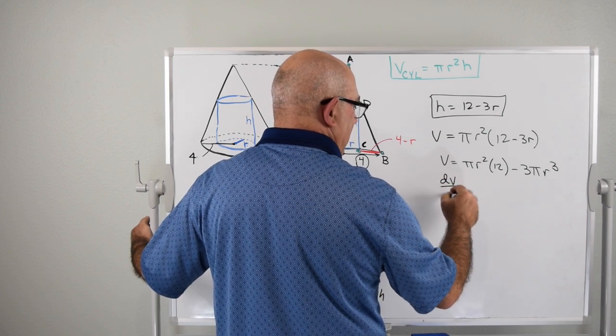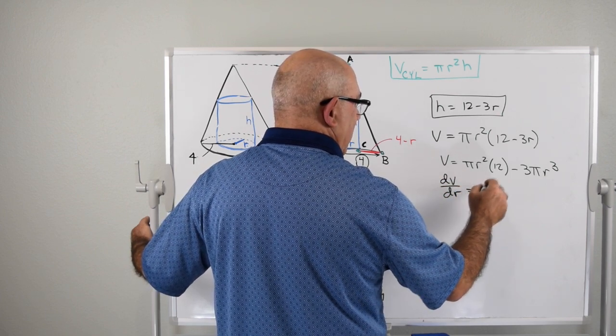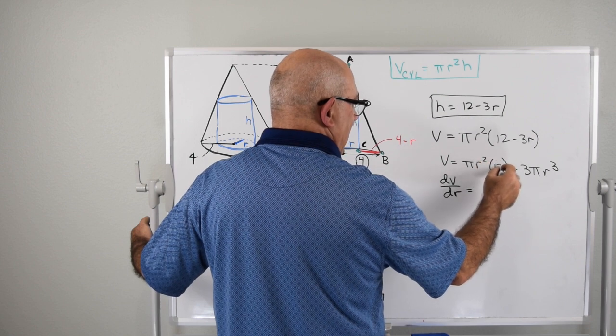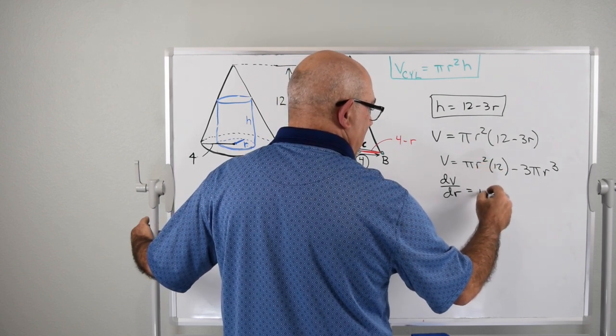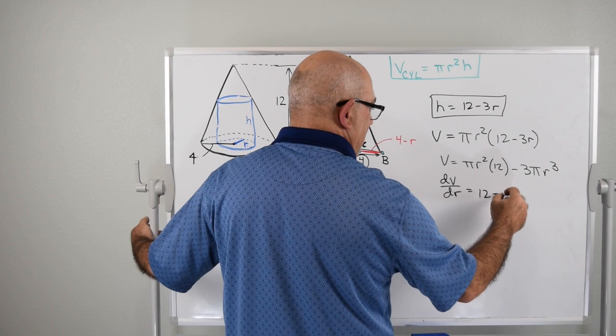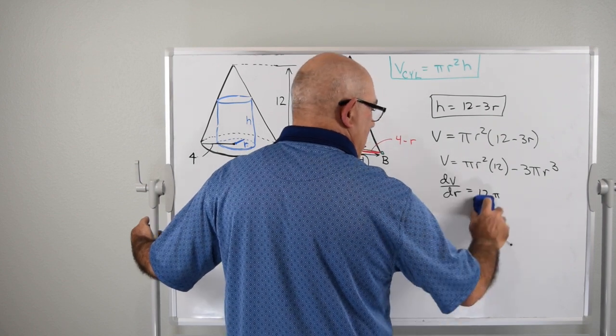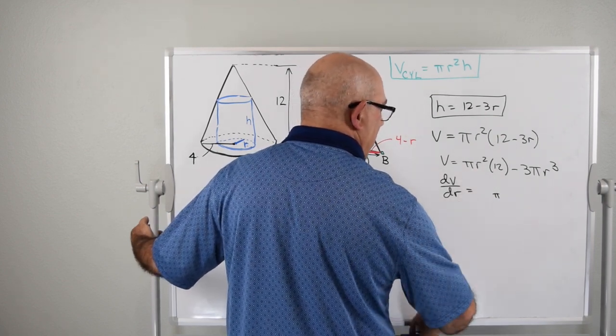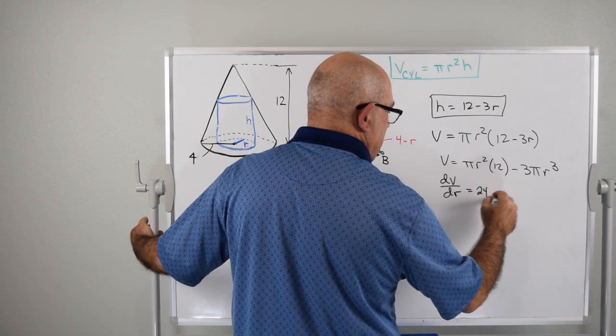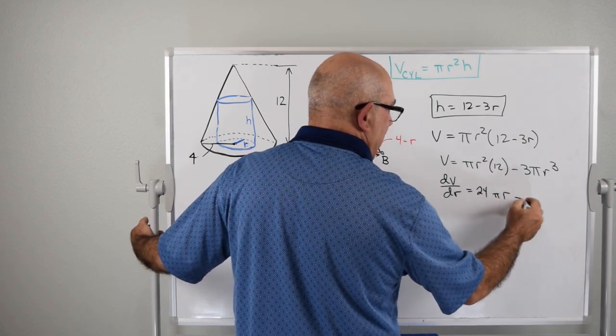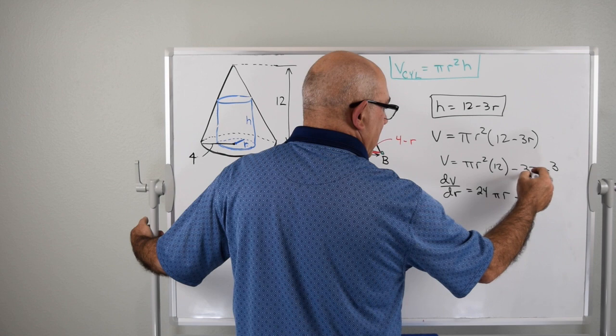the derivative with respect to r equals 2 times 12 times r, so 24 pi r minus 9 pi r squared.